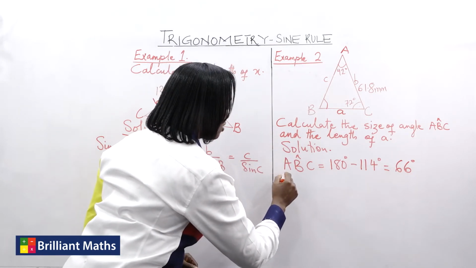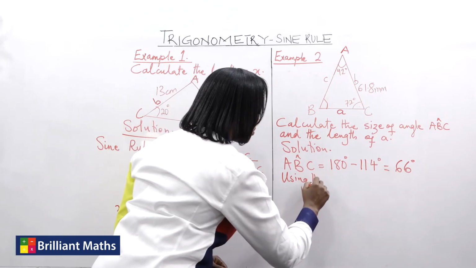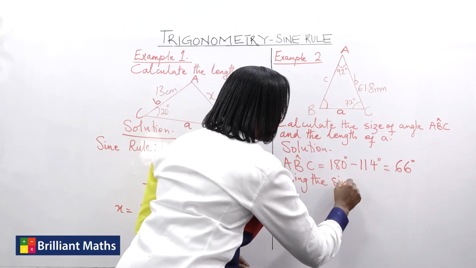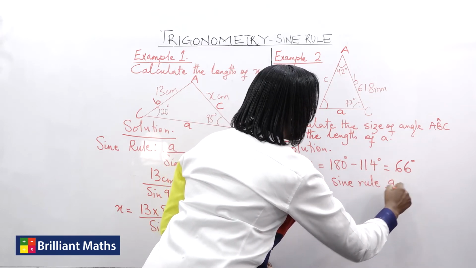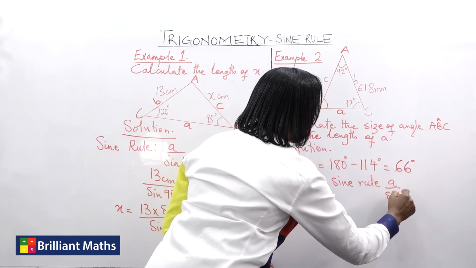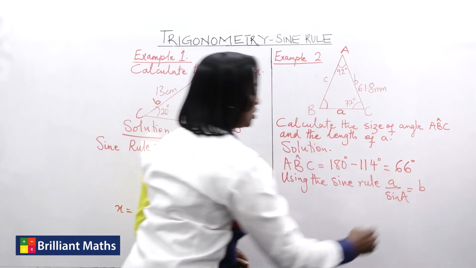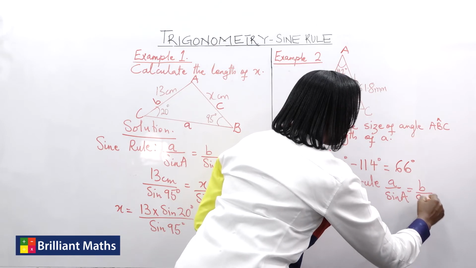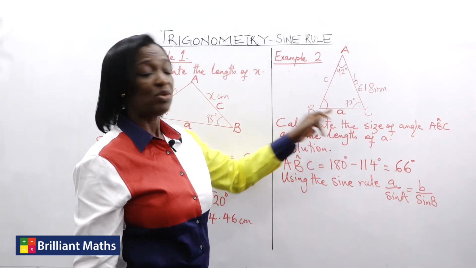So using the sine rule, a over sine A is equal to b over sine B. a is the length we are supposed to find.